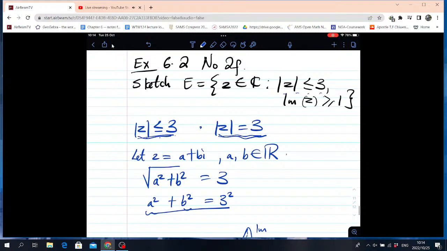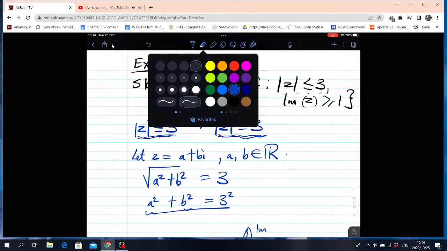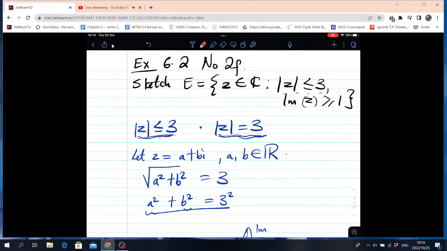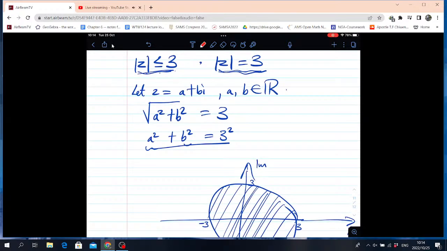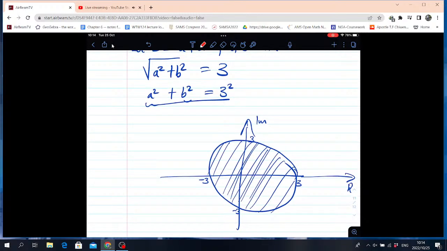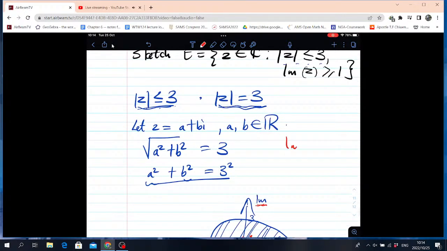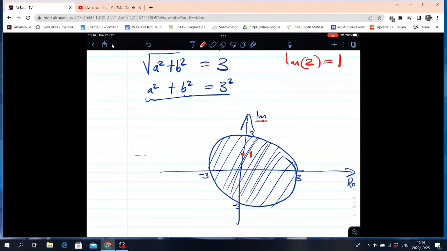Now let's look at the second one. Let me use a different pen. For the imaginary part of Z to be greater or equal to 1, we just look at the imaginary axis. Suppose this is our 1. If the imaginary part is equal to 1, what we are talking about is this line, right?